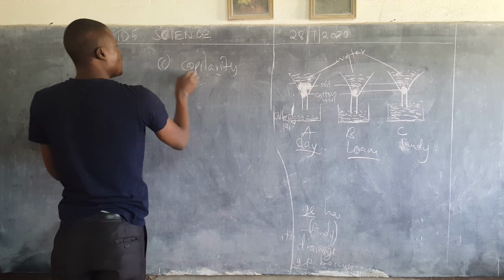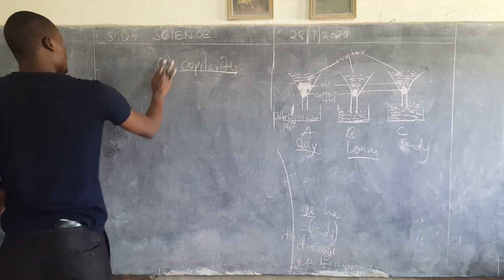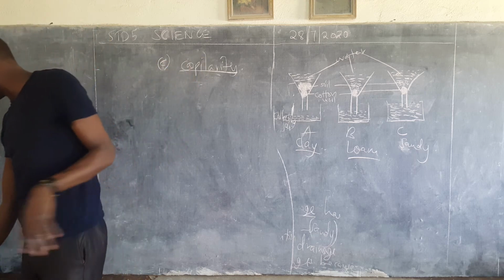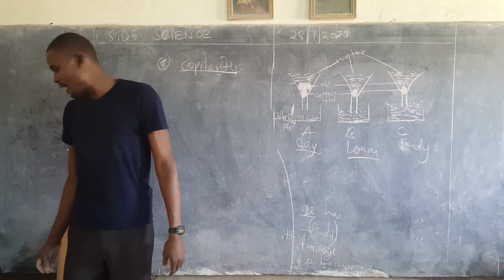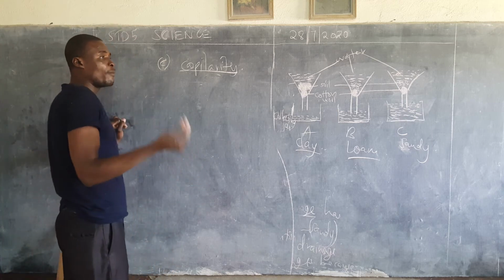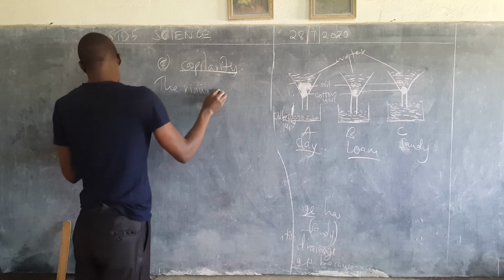Remember, Lana, we have dealt with drainage, then water retention. So number C, or number 3, is capillarity. Let's define what capillarity is. Capillarity is the rising up of water in soil. I mentioned the upward movement, but it's the rising.